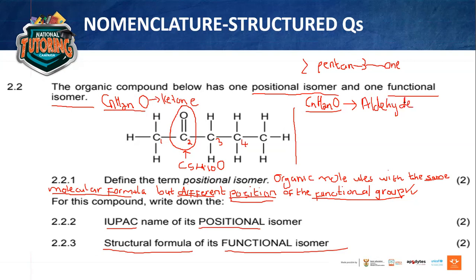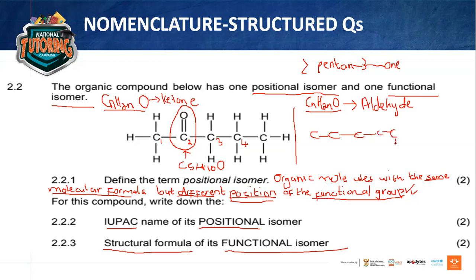And remember, with an aldehyde, I have a functional group as a formyl group on carbon 1. So the molecular formula must be the same. So the number of carbons is 1, 2, 3, 4, 5. So I must still have 5 carbons.